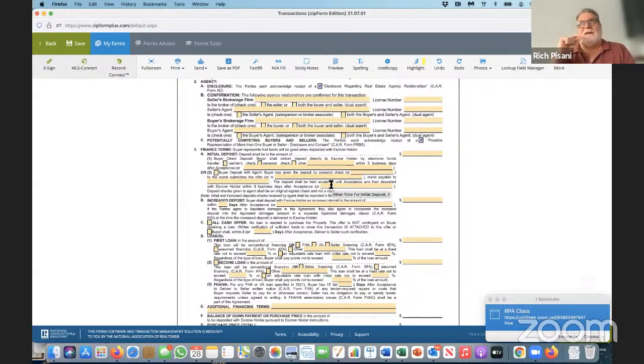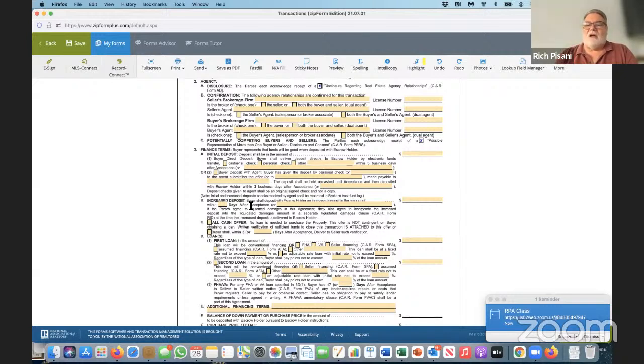So if liquidated damages are initialed, then whatever that increased deposit is, it goes towards the liquidated damages. So just be aware that not many people use increased deposits anymore, but just in case you see it.